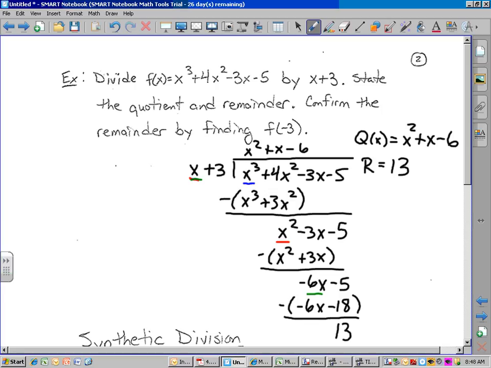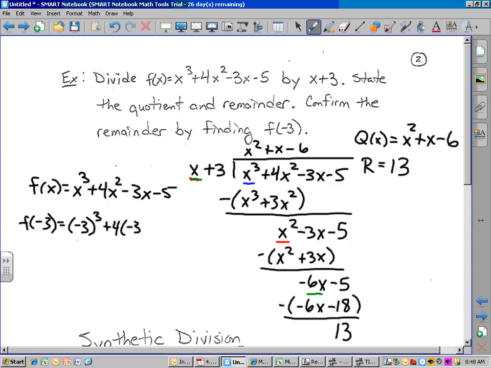We need to confirm the remainder by finding f of negative 3. If f of x is x cubed plus 4x squared minus 3x minus 5, then f of negative 3 would be negative 3 cubed plus 4 times negative 3 squared minus 3 times negative 3 minus 5.